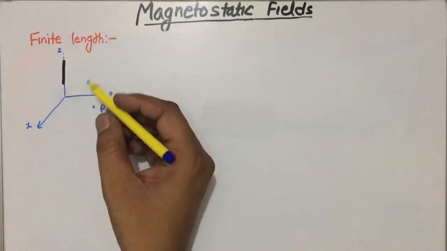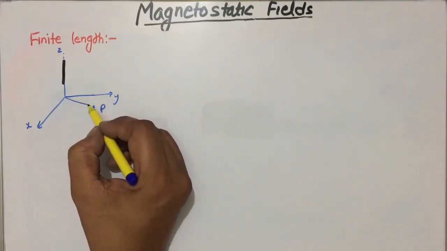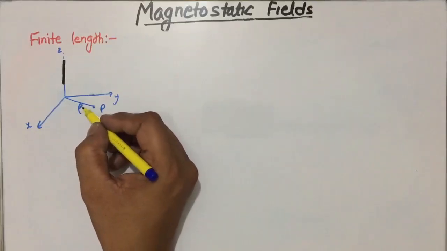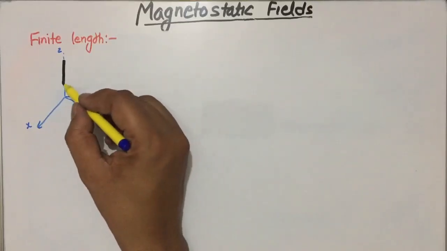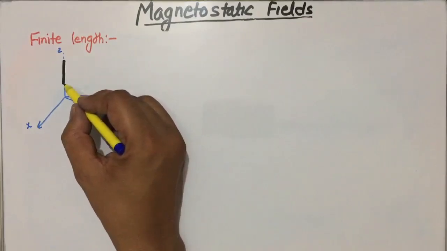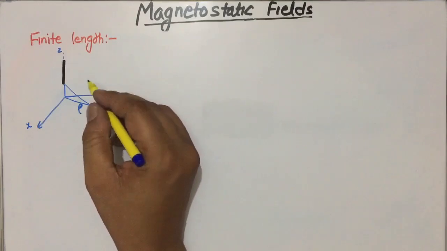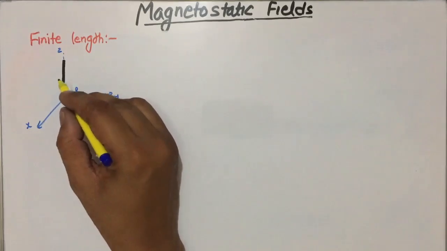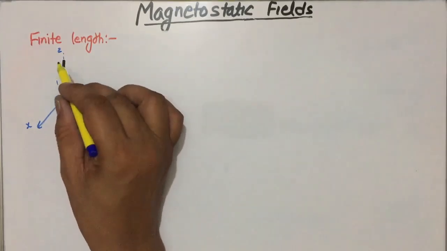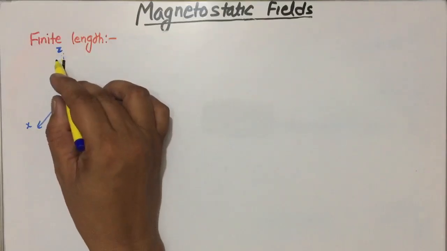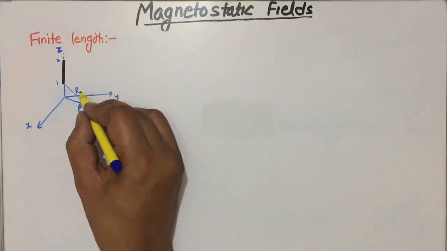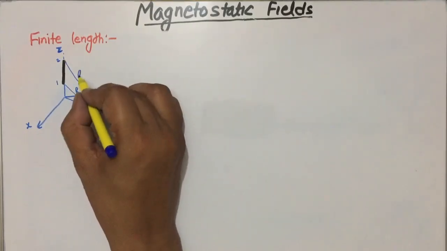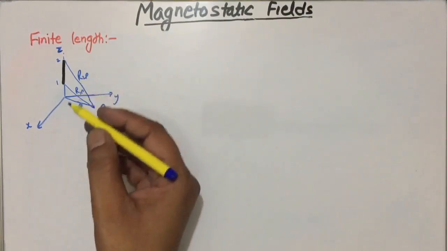So this is the rho. We know this is the rho, as we have discussed earlier, and this end is you can say R1. If it is 1, this is 2, then it is 1p, this is 2p, you can name it like that.